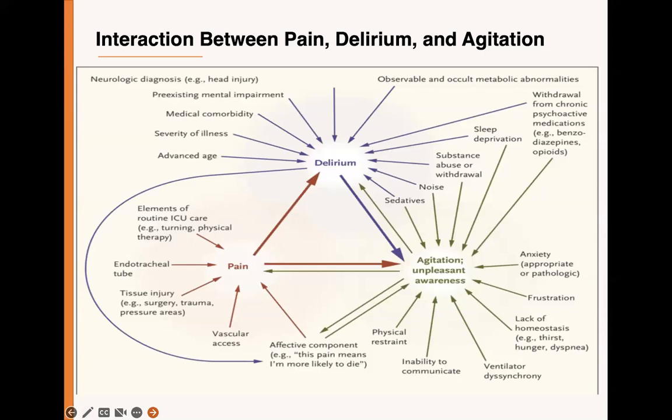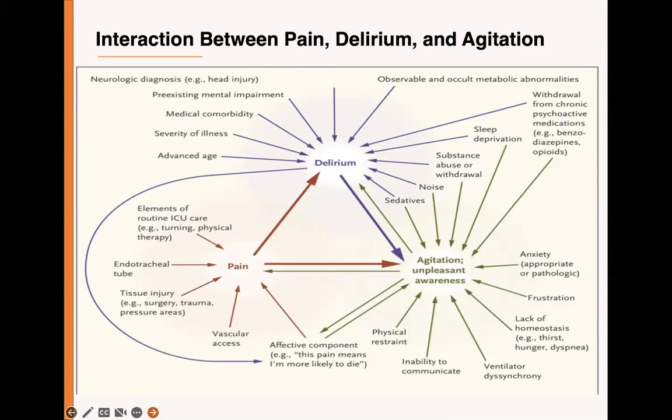We have invasive and non-invasive procedures ongoing daily, like two-hourly turning to avoid bed sores, physiotherapy, endotracheal intubation, suction of the endotracheal tubes, and procedures such as inserting IV lines and taking samples for investigations. And again, the pathology itself, such as trauma, pressure areas, and also the new environment the patient is taken into in the ICU, are primary causes of pain, and this pain needs to be managed.